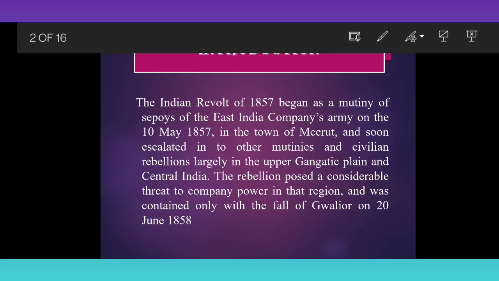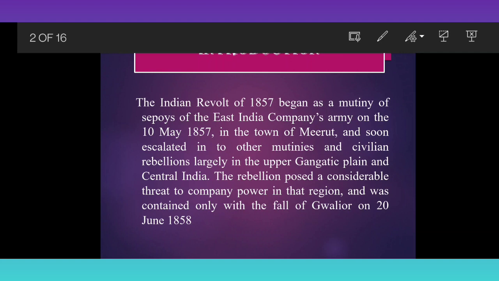I would like to tell you one thing more: there were different groups of soldiers in different parts of the country to protect it, and they were known as regiments.